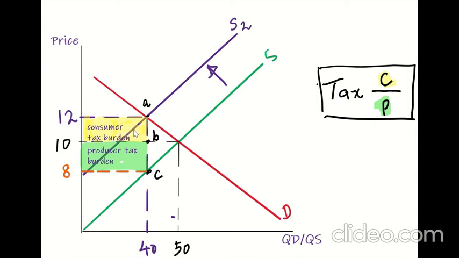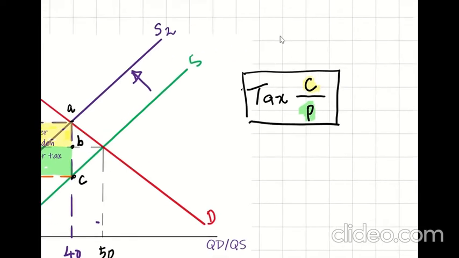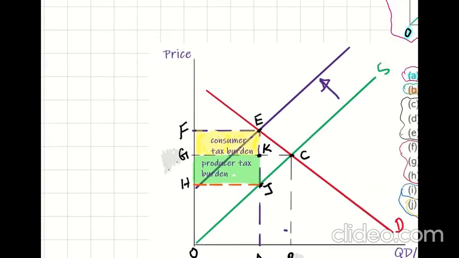Therefore, the yellow highlighted area represents the consumer tax burden, whereas the green highlighted area represents the producer tax burden. Now let's have a look at this in detail.